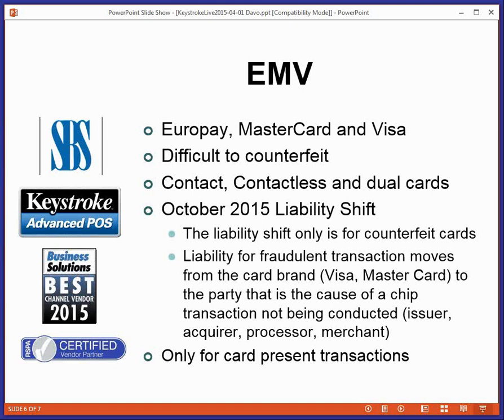I don't know that all the back end and software is up for doing that yet, but the plan is that they will be able to do that. And I'm trying to make it clear, security is great. There's a lot of talk about EMV and security, and it's really doing, again, that one thing that prevents a merchant from taking a fraudulent card.